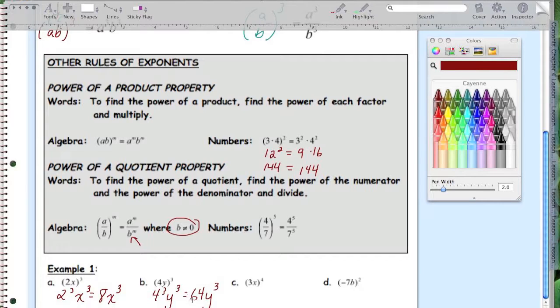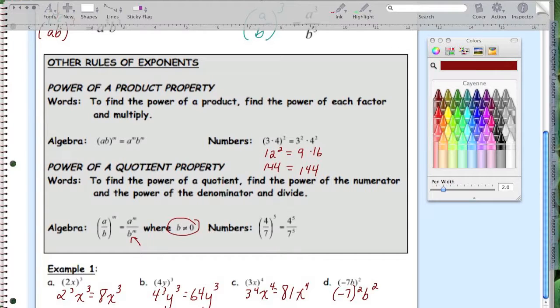That's my final answer. Letter C, I'm going to distribute that to the 4th power in, and I get 3 to the 4th x to the 4th, and 3 to the 4th is 81, so my final answer is 81x to the 4th power. Letter D is a negative, so it's negative 7 squared b squared.